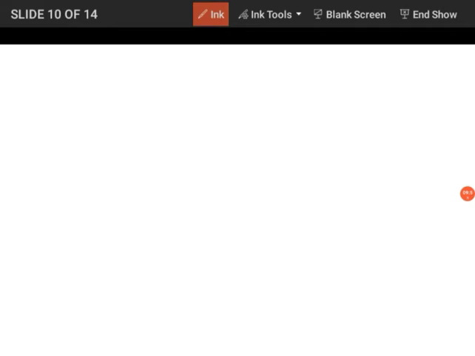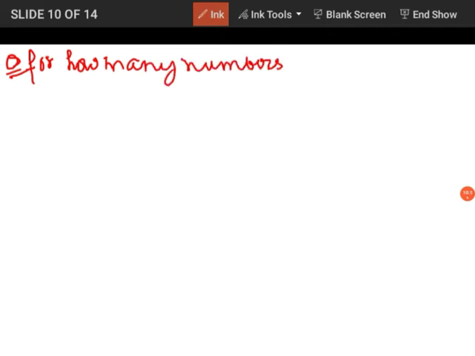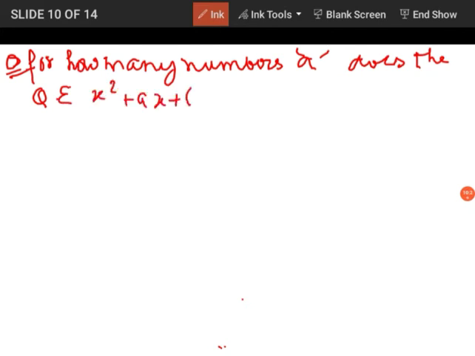So the question is that for how many numbers a does the quadratic equation x square plus ax plus 6a is equal to 0 have only integer roots?